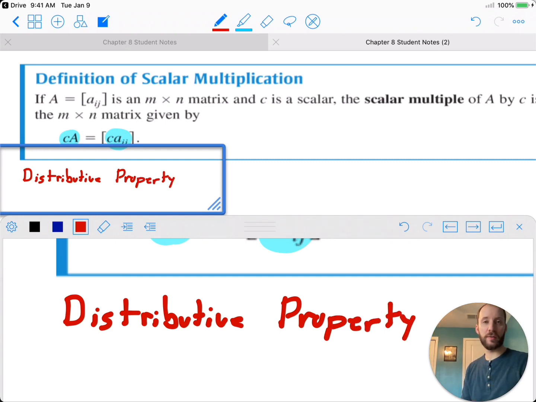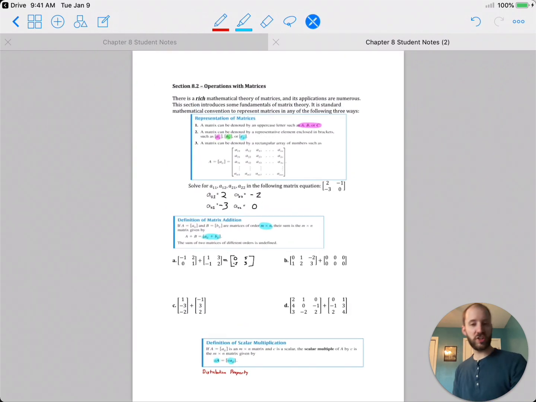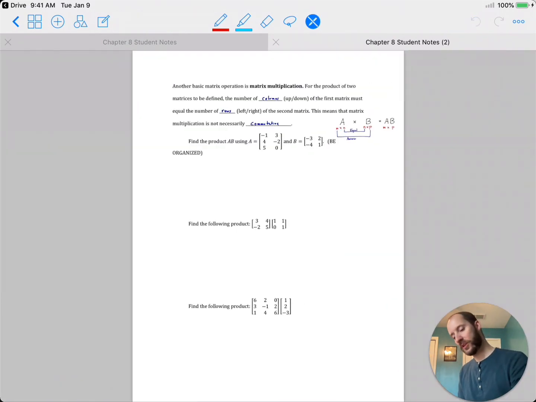Whatever number is in front, distribute that number to each entry. So addition, scalar multiplication, pretty straightforward.